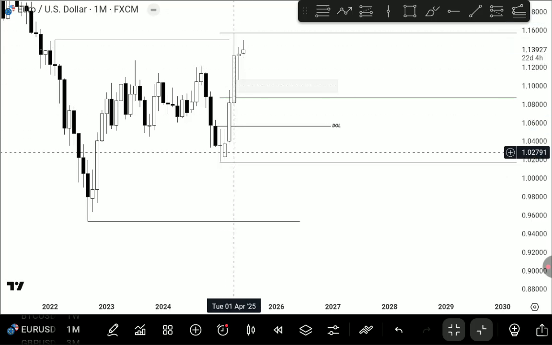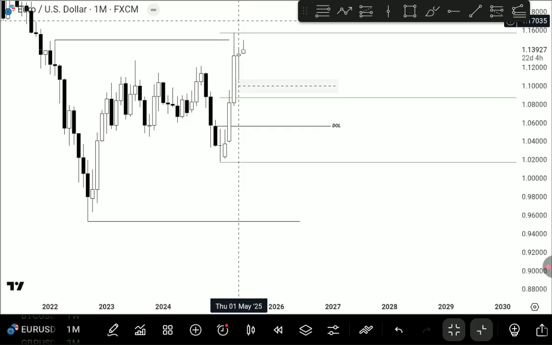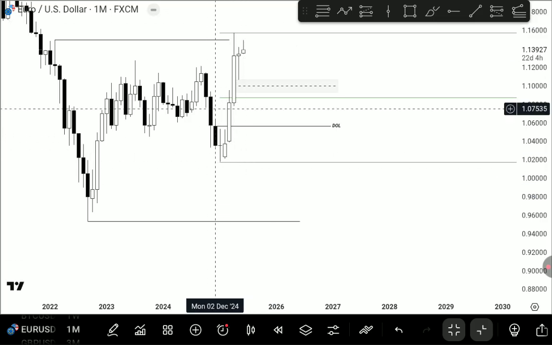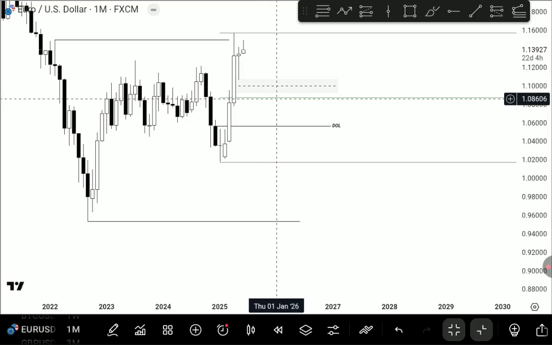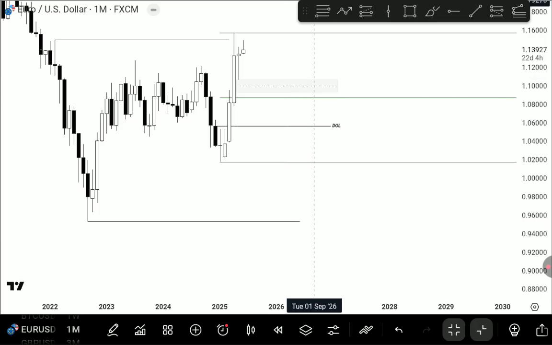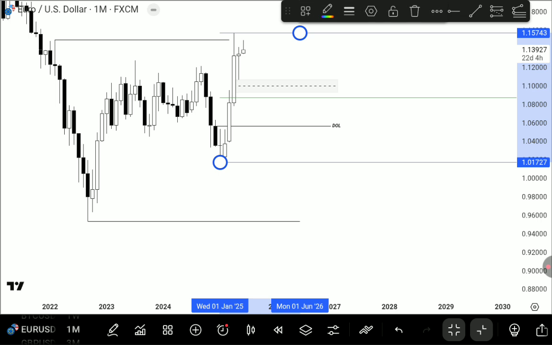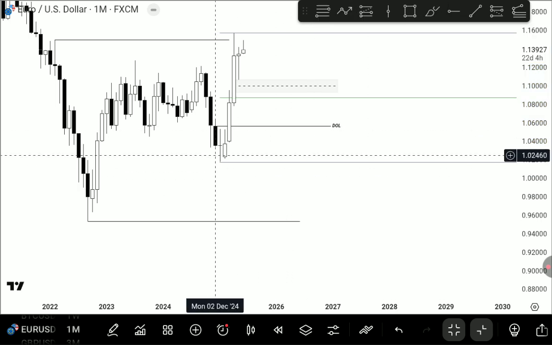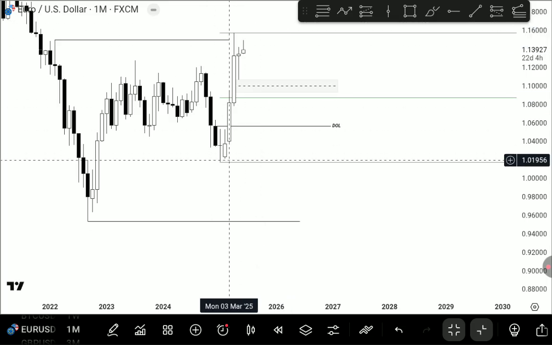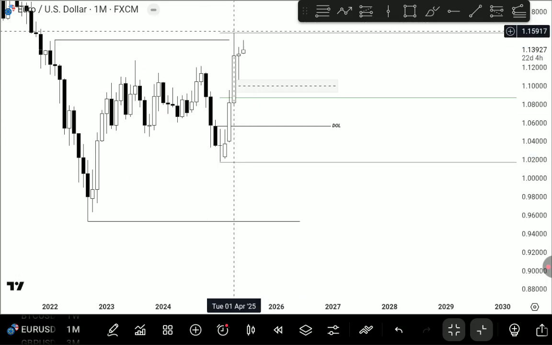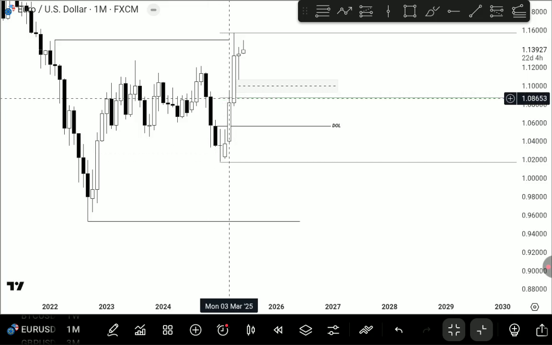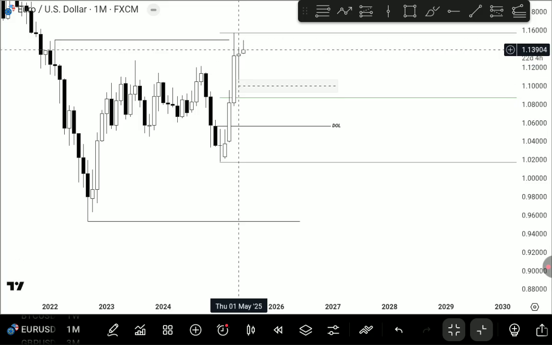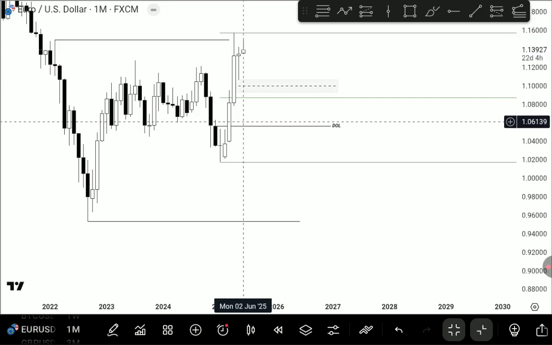Every time price expands to the upside or expands to the downside, you expect price to balance that expansion to at least the equilibrium or to the premium or discount to continue with the order flow. And you can see that price has recently been dealing within this dealing range or expansion swing, whatever I want to call it, clearly showing us that we have sell side liquidity over here.